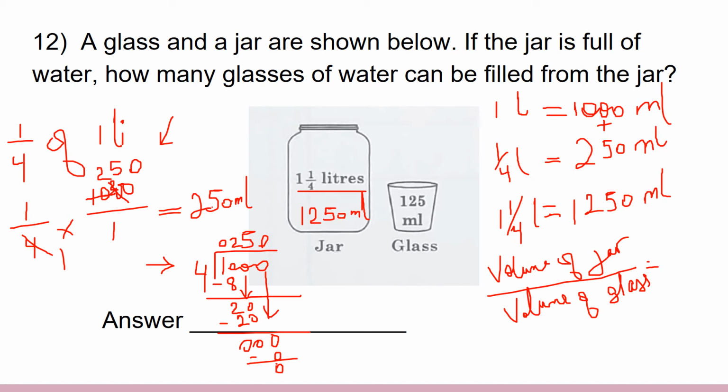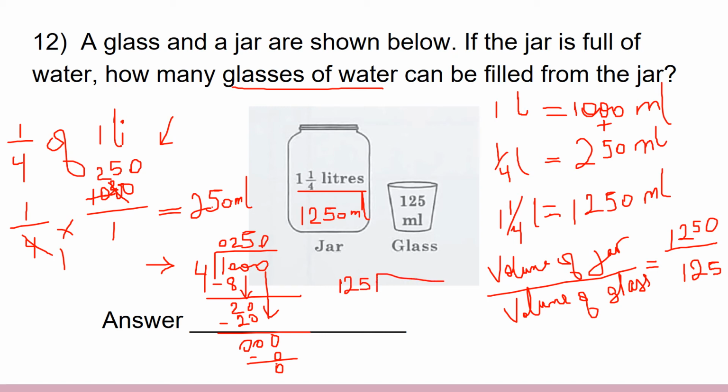So how much does the jar hold? What is the volume of the jar? 1,250. And the volume of the glass is 125. So once we divide this, it will give us a total number of glasses that can be filled from the jar. Let's divide long division style.